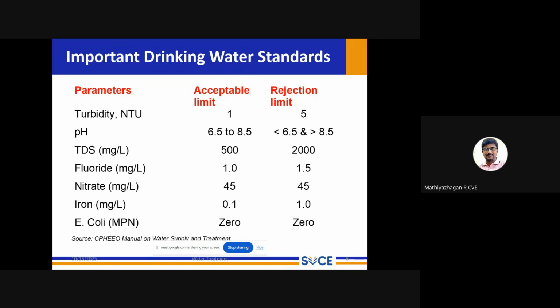Then E. coli, that is coliform, is a kind of indicator organism present in our intestine. If there is any bacterial contamination, it should be nil in our drinking water. For that only, we go for disinfection.